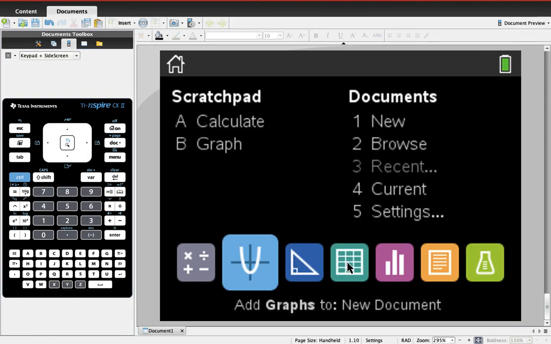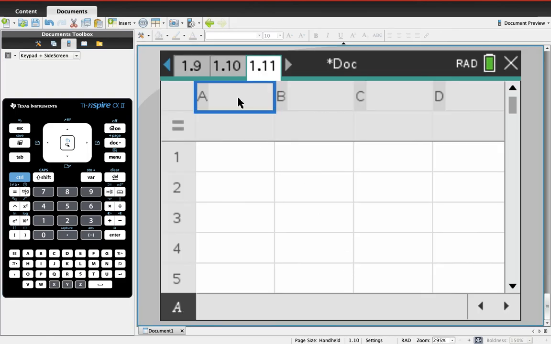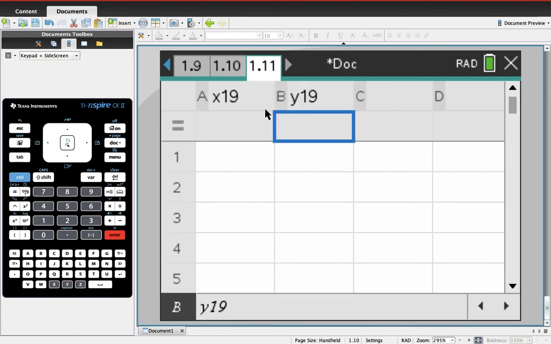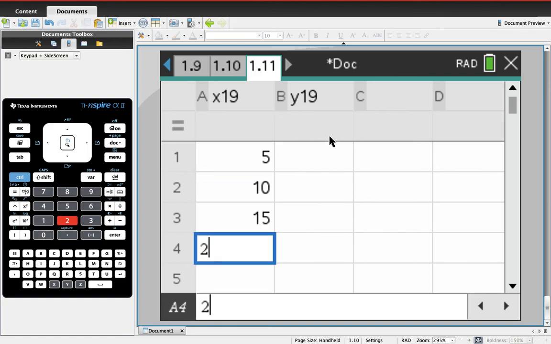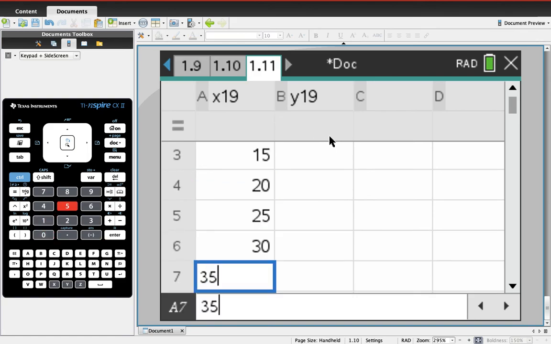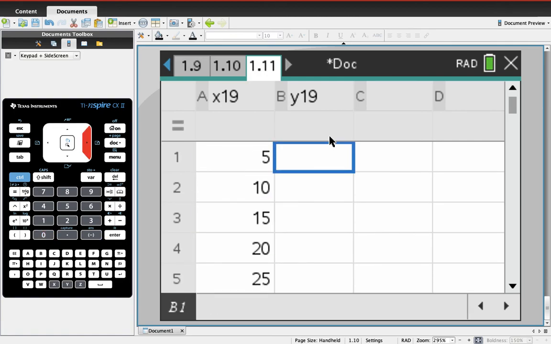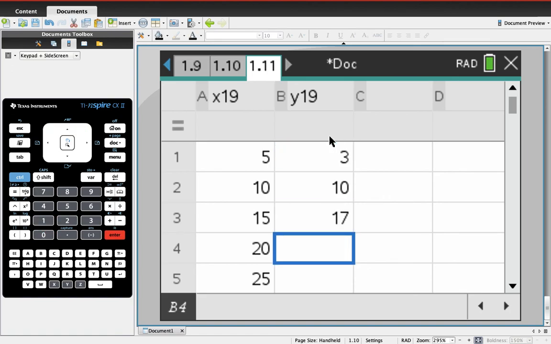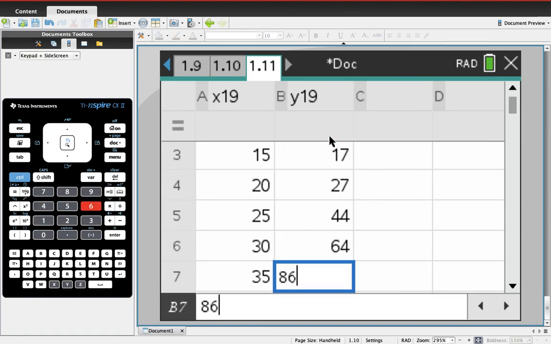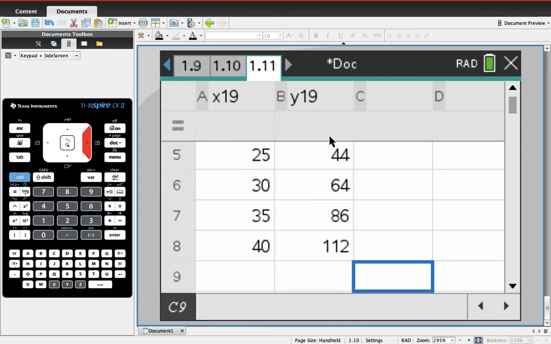So I'm going to go ahead, I'm going to open up a table. These are going to be my x values from number 19, my y values also from number 19. I'll go ahead and get all of these guys entered, and I'll come over here and put in their associated values. All right.